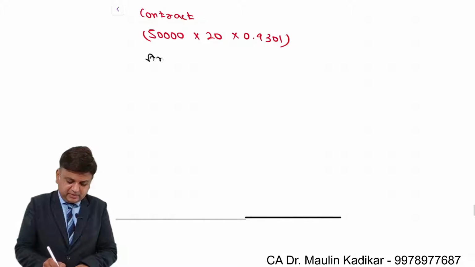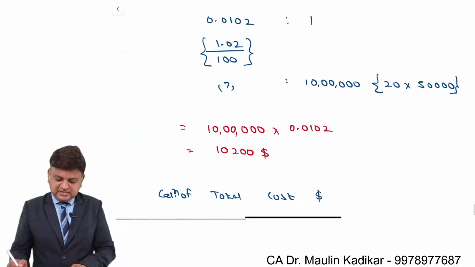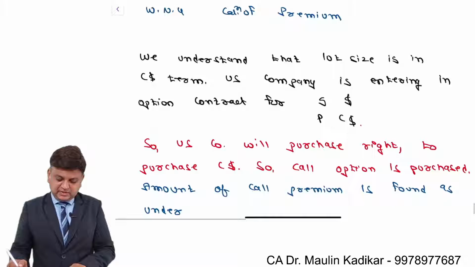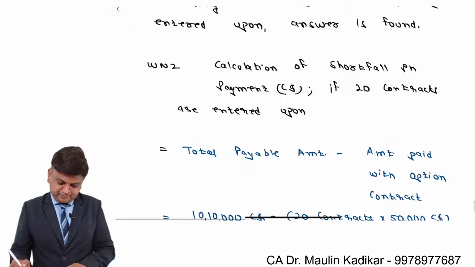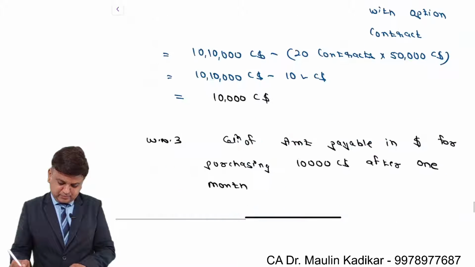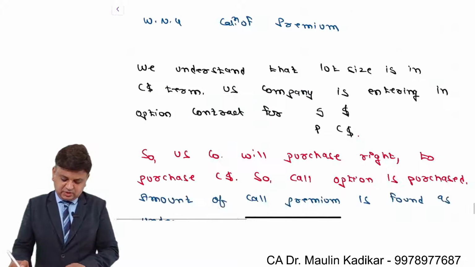Then amount payable in forward contract. We can see that the amount payable in forward contract is $9,301.